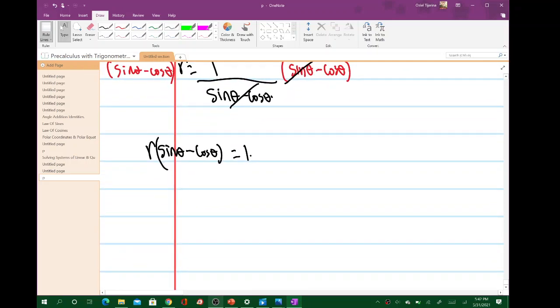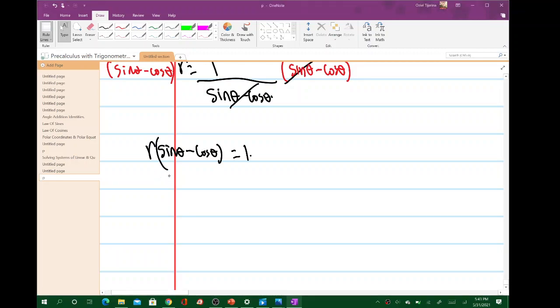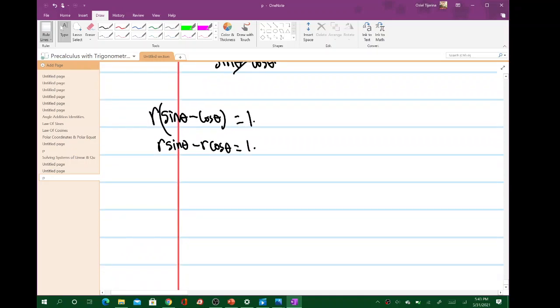So then we have, let's see, hold on. So we have r sine theta minus r cosine theta equals 1. And then r sine theta we know is y, right?